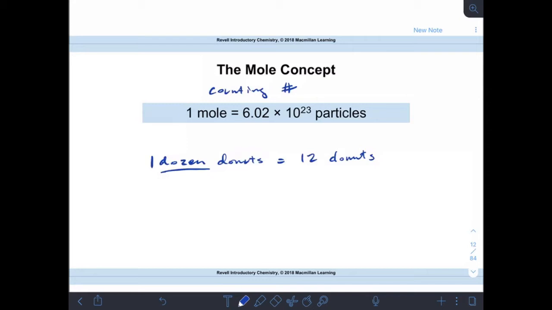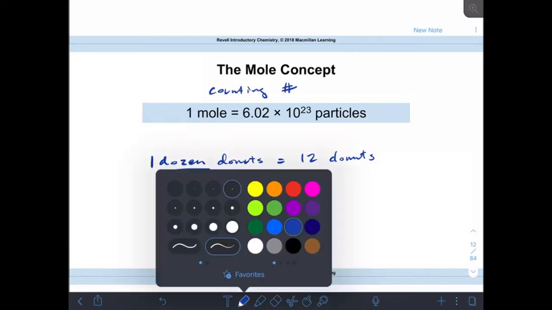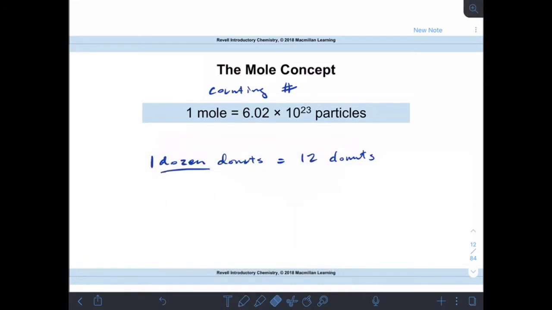But the mole is a counting unit because atoms and molecules are so small, right? Very, very small particles. And so in order to deal with those tiny particles in units that we can deal with, in terms of grams or like things we can put on a balance, we need a counting unit that is appropriate for the massive number of particles, atoms or molecules, that we are dealing with.